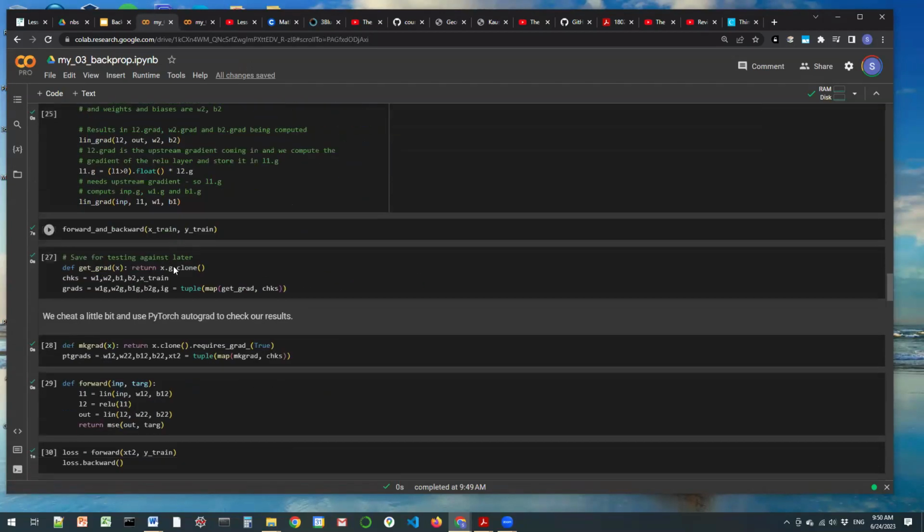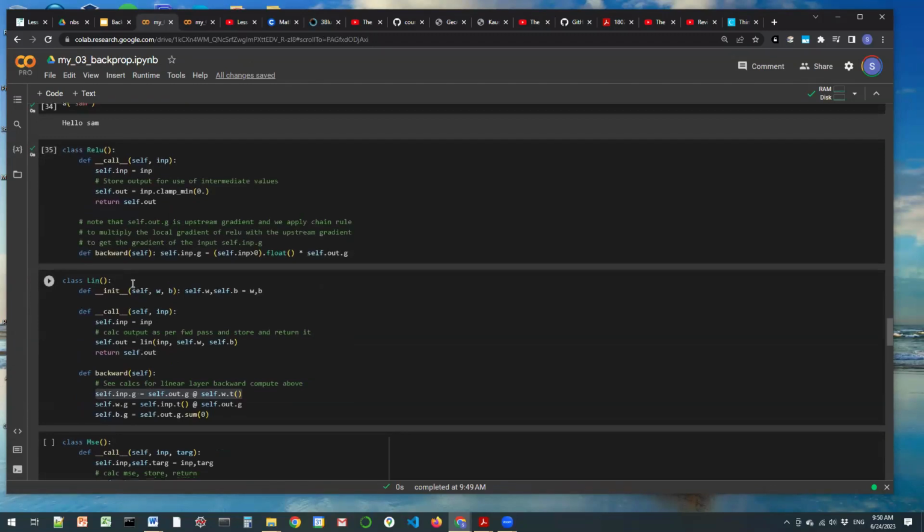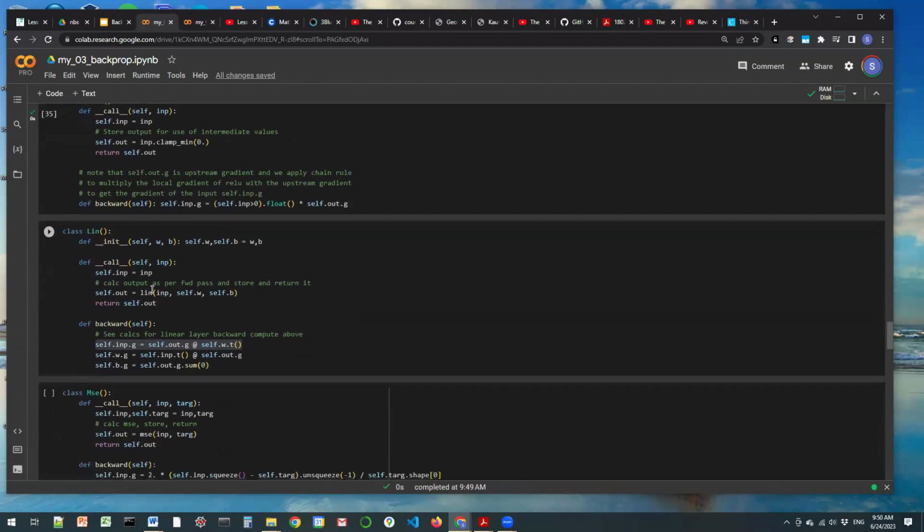So you're just simplifying the model by rewriting the layers as classes in order to be able to store the output, and then also have a backward method which allows us to compute the backpropagated derivatives of the block.